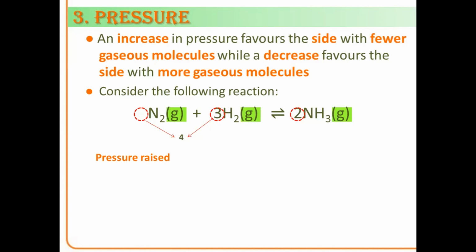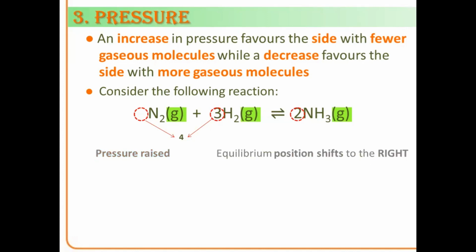And you understand that pressure of a gas is caused by collisions between the molecules of the gas and the walls of the container. So if the system wants to reverse the change imposed, we are going to promote the forward reaction to form fewer molecules of gas, and the equilibrium will shift to the right.